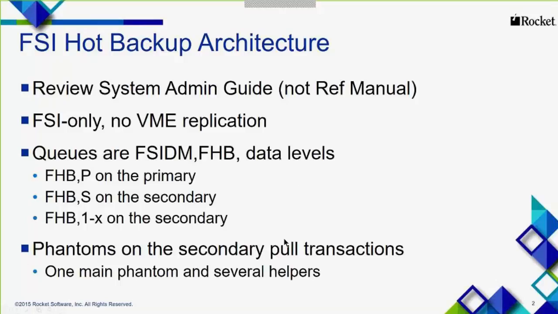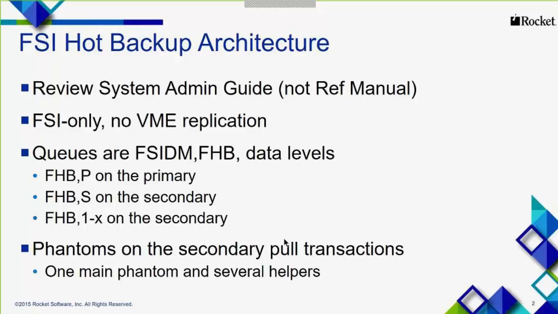This differs from D3 Unix Hot Backup. D3 Unix Hot Backup is one phantom running on each server in a push-pull configuration. In FSI Hot Backup, the primary system does absolutely nothing. It's down in the monitor. It will enqueue records, but after that, it has no knowledge of the secondary server. Everything is done through processes on the secondary server, which does an all-pull.